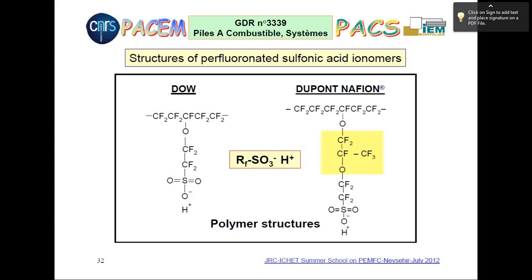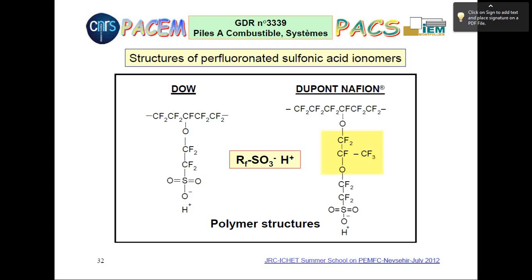So it is shorter, which means you can have a better conductivity, because the conductivity is the number of free charges times the mobility. So the mobility of the proton will be better in that. There are many attempts in the literature, from academic, industrial and government laboratories, to find other polymer structures which are better than Nafion. But until now, Nafion is the best for application.